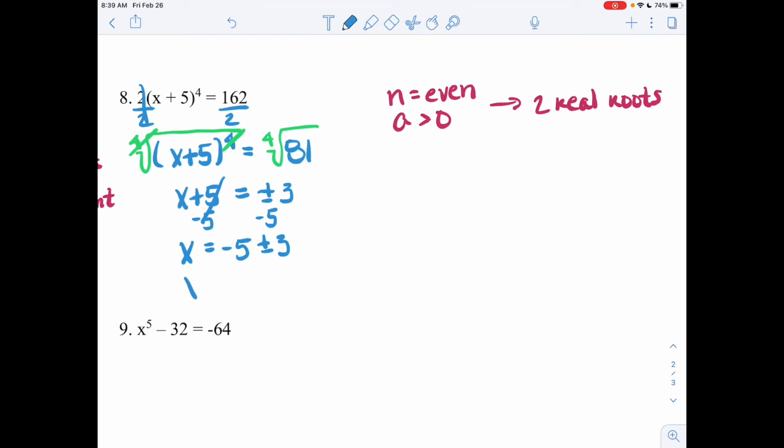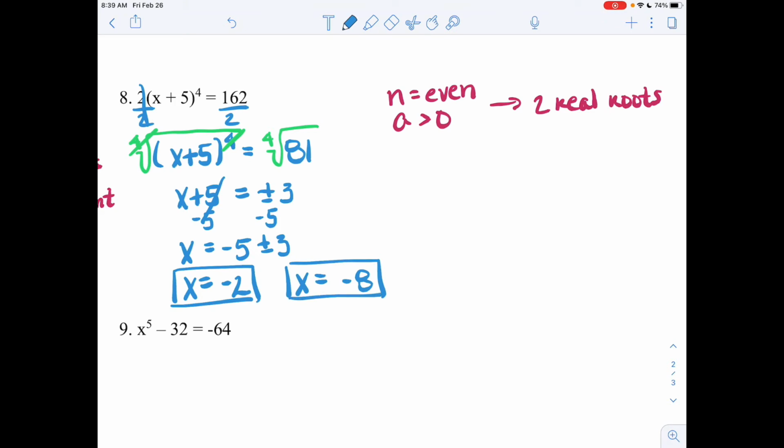We're going to have x is equal to negative 5 plus 3. That's going to give me a negative 2, and that's one of my answers. But x could also be equal to negative 5 minus 3, and negative 5 minus 3 is going to give me negative 8. So these are my 2 answers.